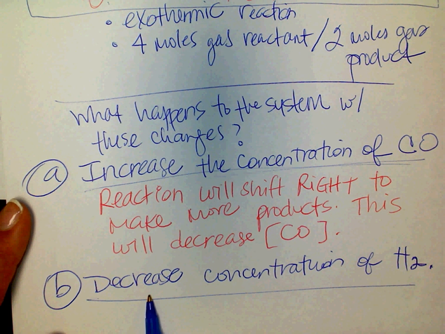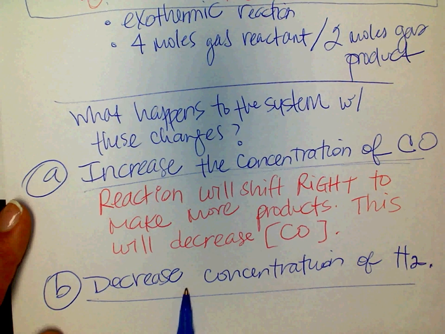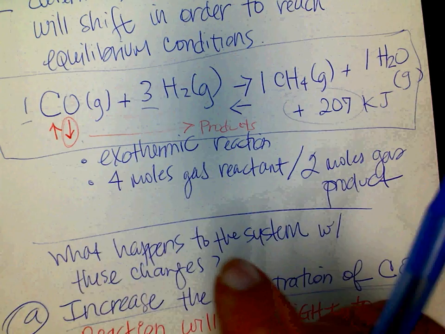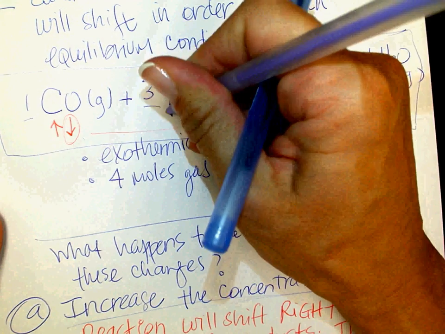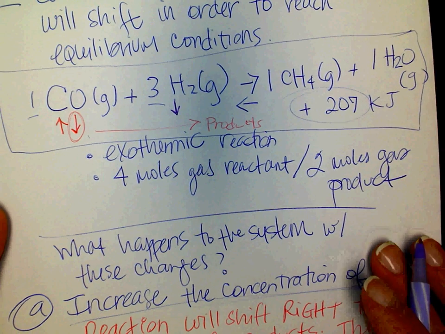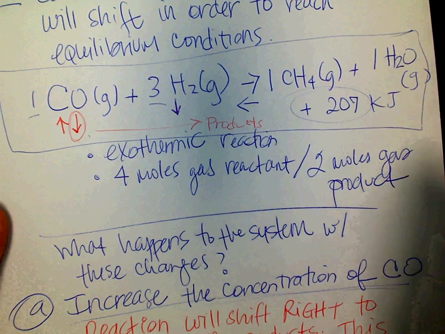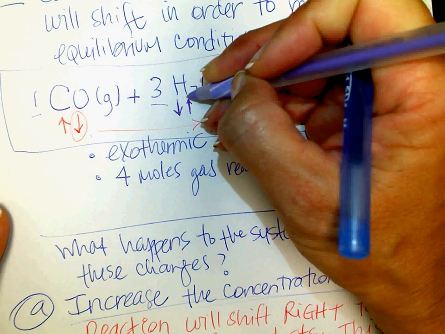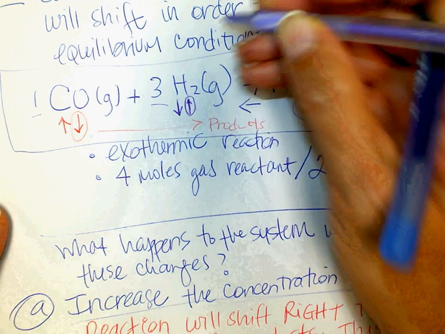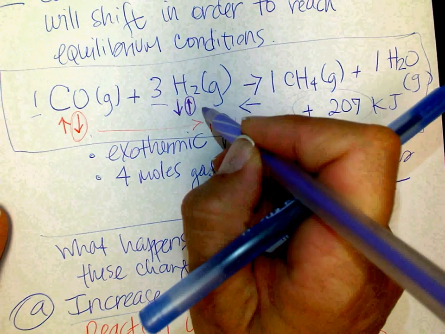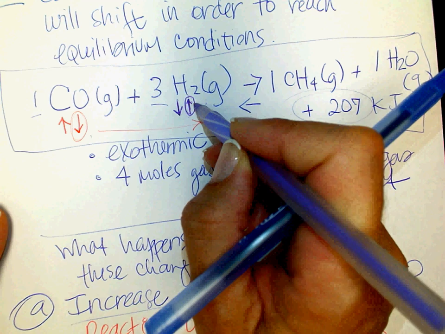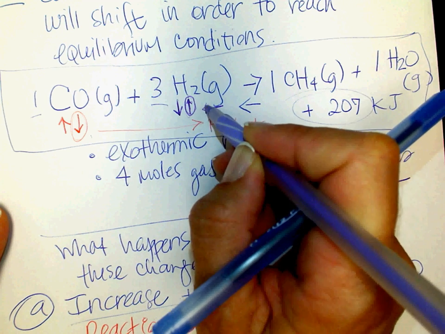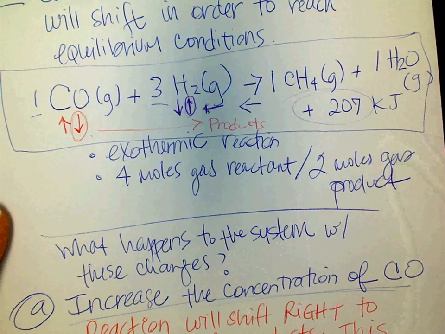Let's say we decrease the concentration of hydrogen. All right, here we go. Decrease concentration of hydrogen. What are we going to do to counteract that? Try to replace some of that, right? Shh. So which direction am I going to go to increase this? To the left. I've got to make more reactants to increase the hydrogen, okay?